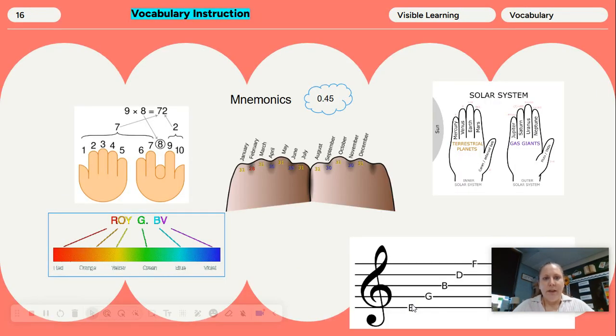So for vocabulary instruction, mnemonics have a 0.45 effect size, and we've all learned a good amount of these. So I've just kind of highlighted how we can do this in different subjects. So in math, when you do your nines, using the finger trick. Every Good Boy Does Fine in music, the solar system, the months of the year.